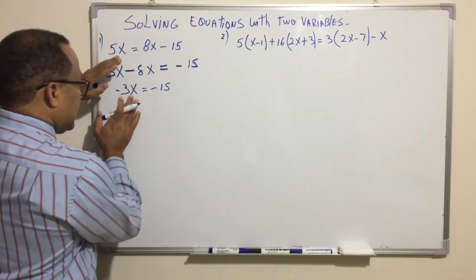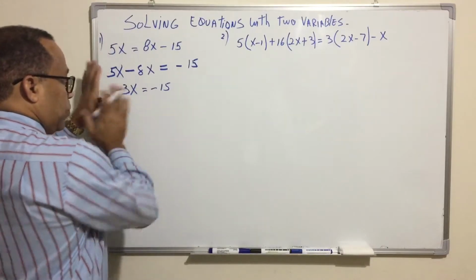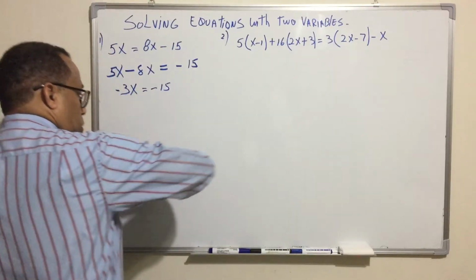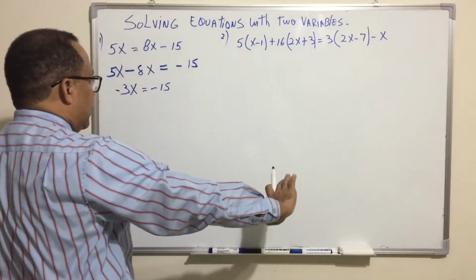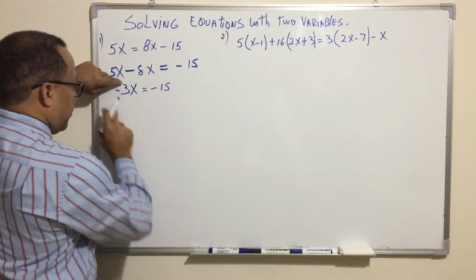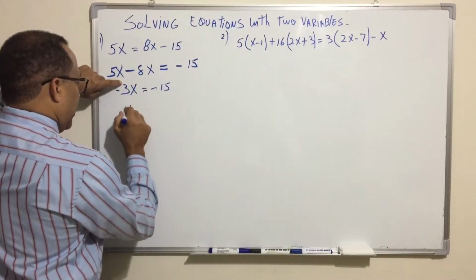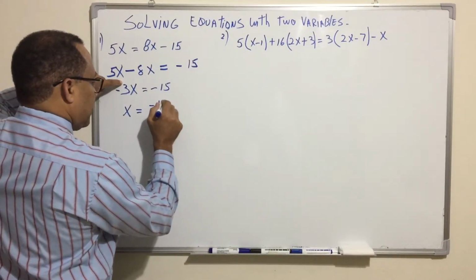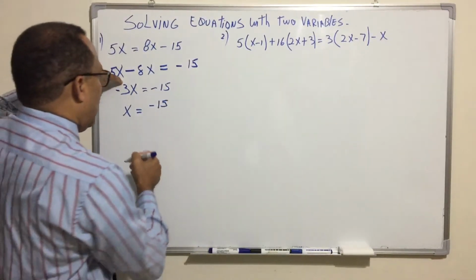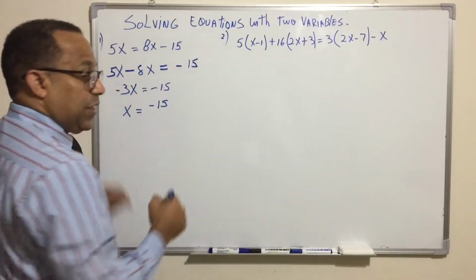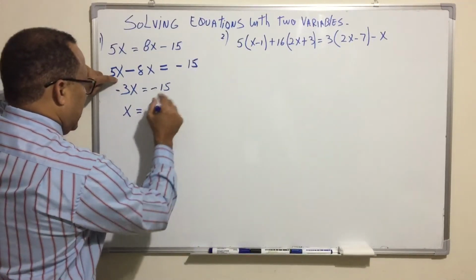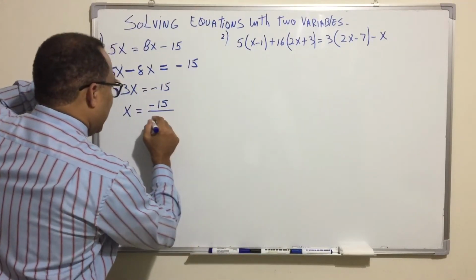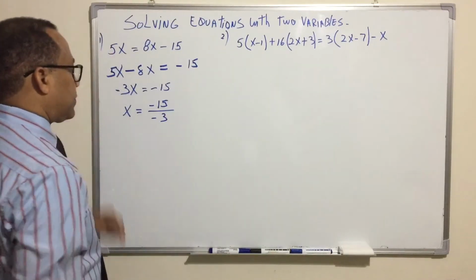So when I take the negative 3 from the left to the right, the negative 3 will go dividing to the right side. I just bring down the x equals, bring down the negative 15, which is waiting for the negative 3 to go dividing, and then this will be negative 15 divided by negative 3.